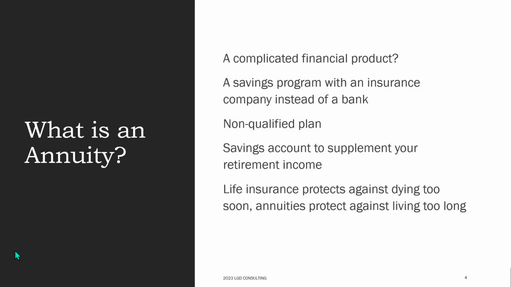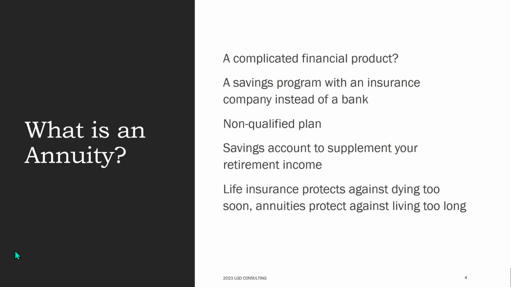The difference between life insurance and annuities, there's a couple of them, but the first one is life insurance is designed to pay a lump sum. When the insured dies, there's a lump sum of money available right at the time that is needed to cover those final burial expenses or final expenses at that time and provide income for your surviving family members in most cases. Annuities are not designed to pay a lump sum.